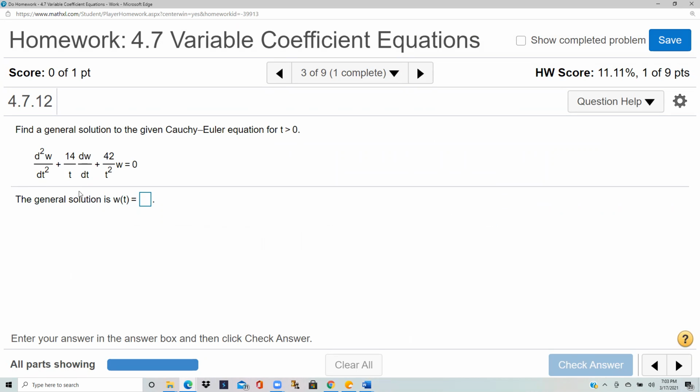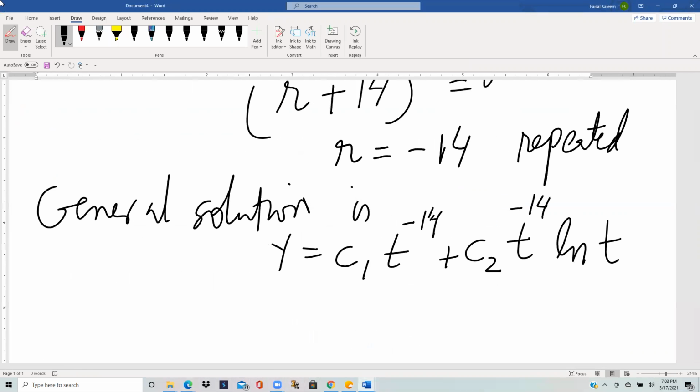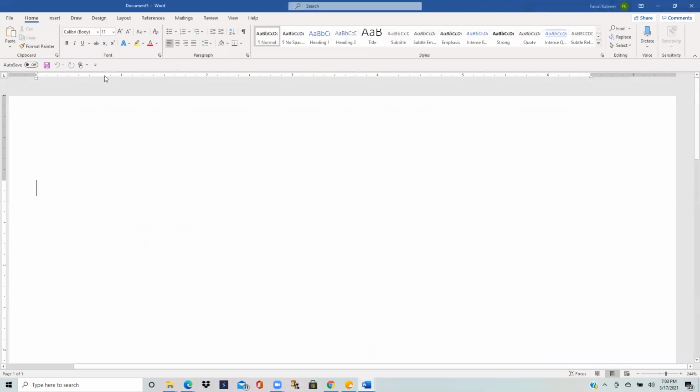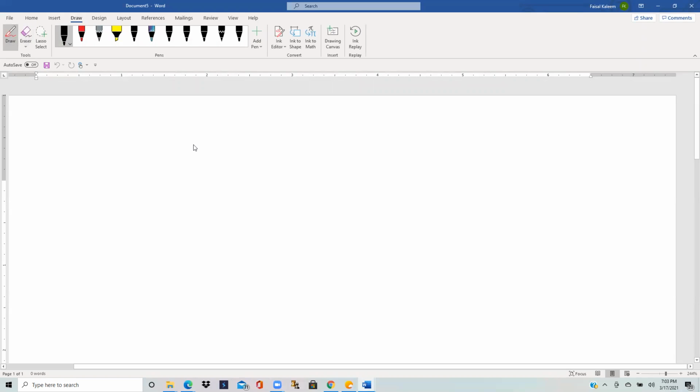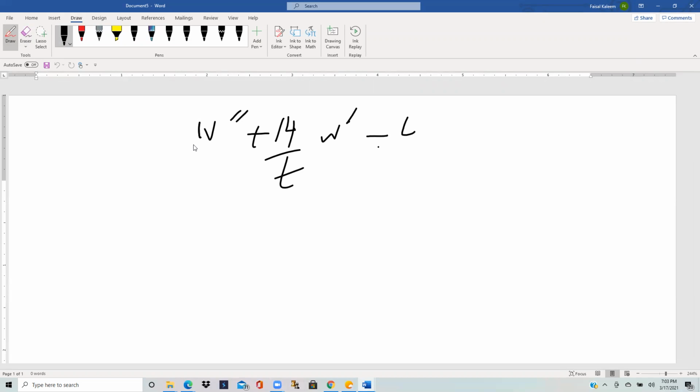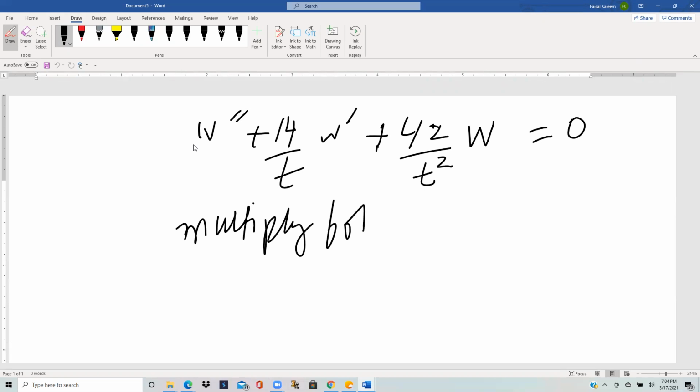so let's first copy this. It'll be w'' + (14/t) w' + (42/t²) w = 0, and multiply both sides by t².